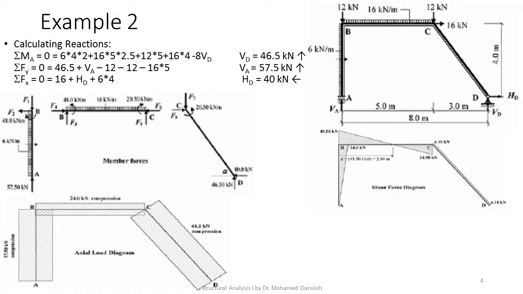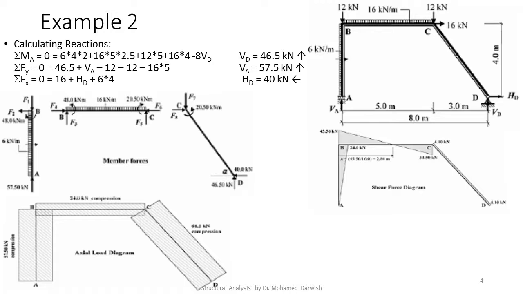Okay, if I look at BC and I take a section just after the 12 kilonewton, what will I see? I will see the Va, the 57.5 kilonewton, minus 12. So this will give us 45.5 kilonewton. On the other hand, if I take a section just here, just at C, just before the 12 kilonewton here, what will I see?